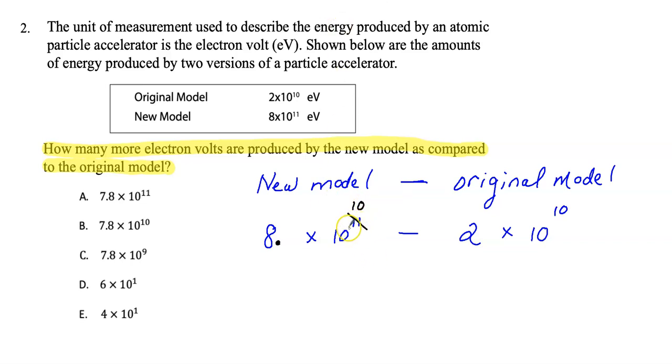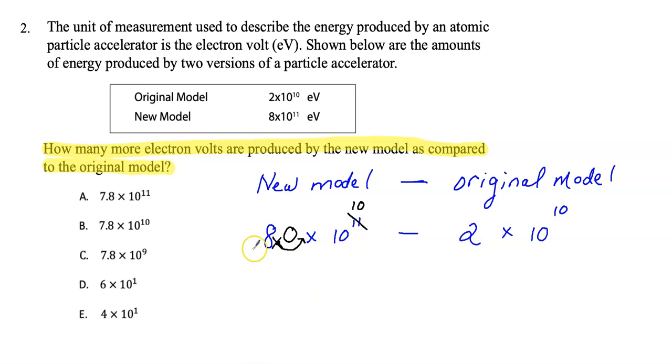Well, the original exponent was 11. And I moved it down. I made it smaller. So to compensate for that, I need to make this number bigger. Therefore, I need to move this decimal 1 unit to the right. And in this space here, I'm going to put a 0. So now this becomes 80. The decimal's no longer here. It's at the end over here because I moved it 1 unit to compensate to the right.